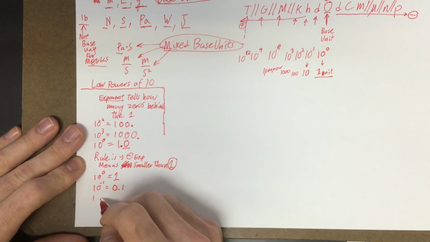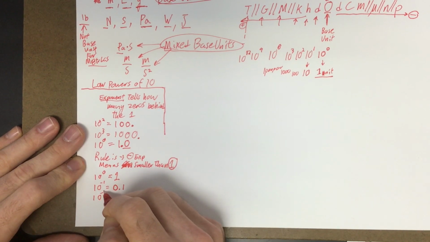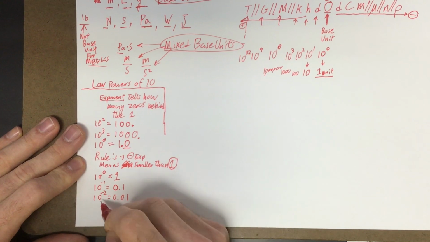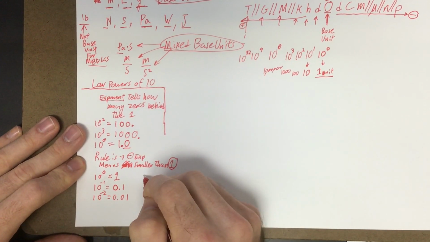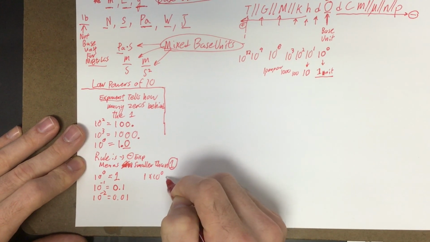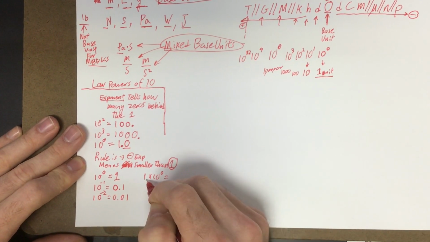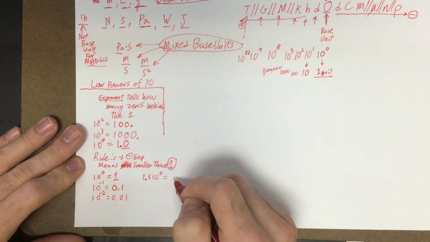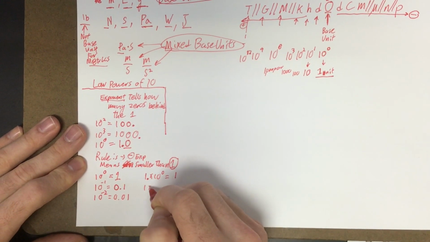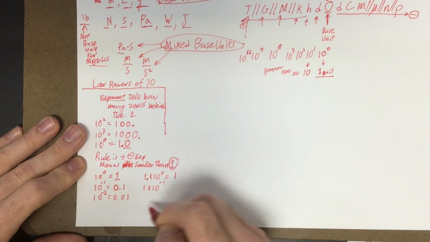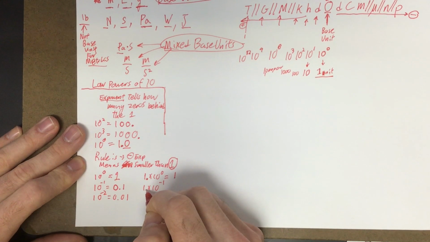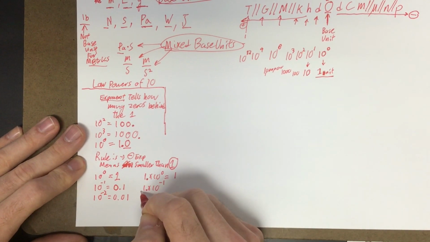Now, if we remember our scientific notation rules, this is similar to our scientific notation. So if I have 1 times 10 to the 0, I'm going to move my decimal point 0 times. So I'm just going to have 1. If I have 1 times 10 to the negative 1, I'm going to make this smaller than 1 by 1 movement.